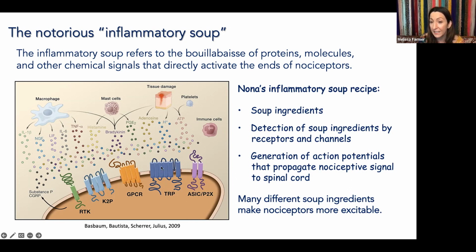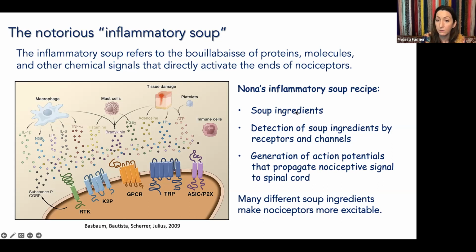So you have all these little chemicals bathing the end of the nerve ending. You have the detection of these ingredients by the receptors in the channels of that nerve. So you can't just have the stuff, it has to be detected as well. And because they're detected, that generates action potentials or nerve firings along the actual nerve that carry that signal to the spinal cord.